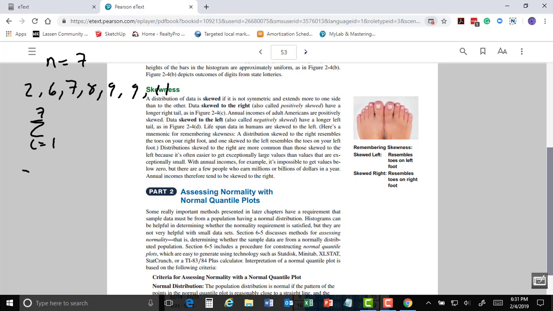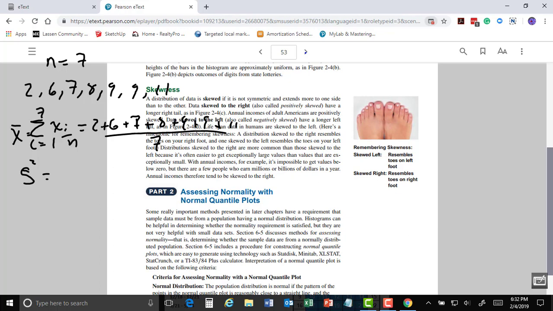So that's all that's saying to do: x sub i, right? And we divide by n. You're just taking 2 plus 6 plus 7 plus 8 plus 9 plus 9 plus 11, right? And you're dividing by 7 there. So that's our x bar, the sample average or mean, right? And now we have our sample variance.